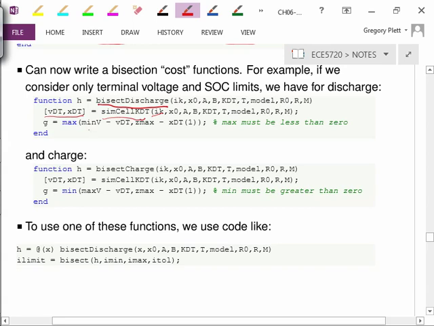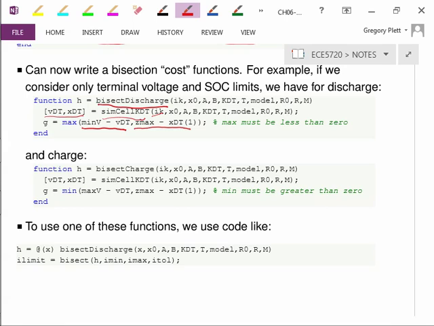So I need to make sure that the maximum of min volt minus the predicted voltage and Zmax minus the state of charge state must be less than 0. And that will then enforce both limits if I use that as my output.